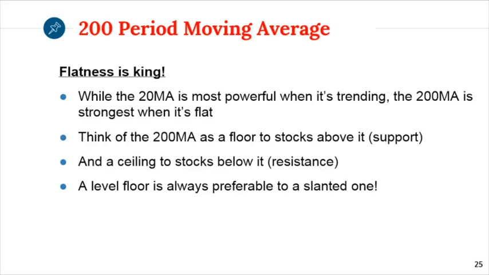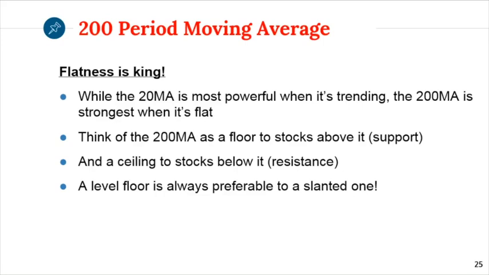I'm going to explain what I mean in just a minute. While the 20 MA is most powerful when it's trending, the 200 is strongest when it's flat. Think of the 200 MA as a floor to stocks above it, meaning when a stock falls to the 200 MA, it's going to act as support, and as a ceiling to stocks below it. Stocks that are trading below it, if they were to rally up to the 200, it's going to act as resistance.